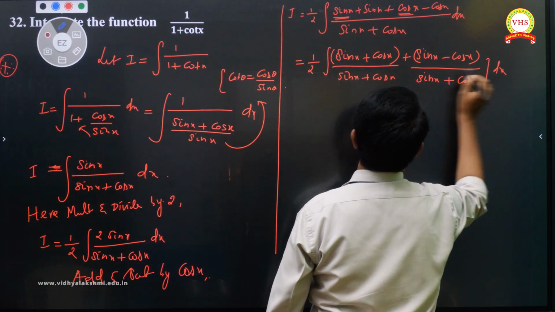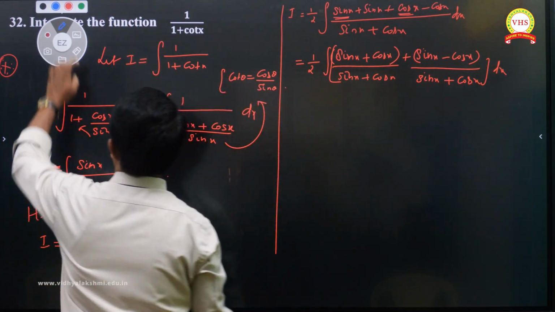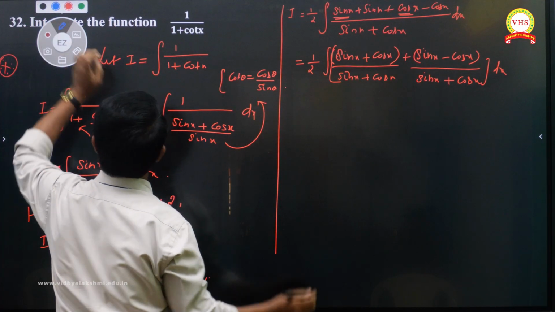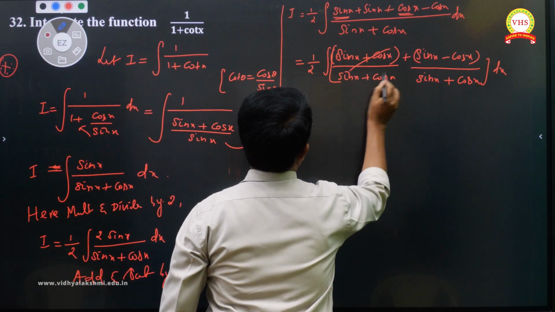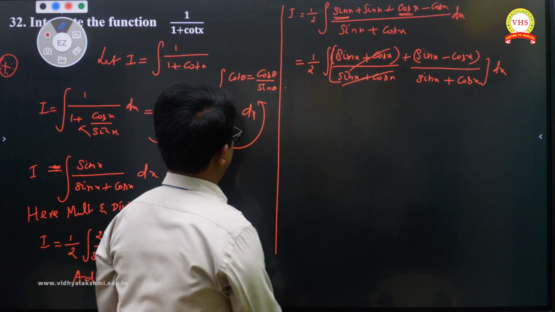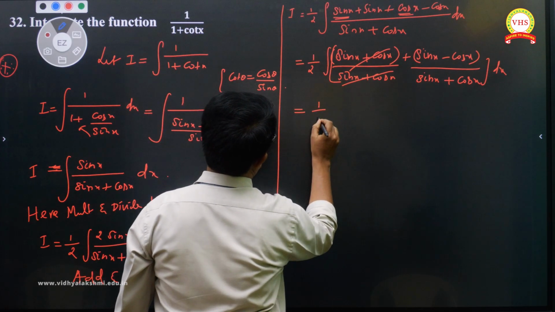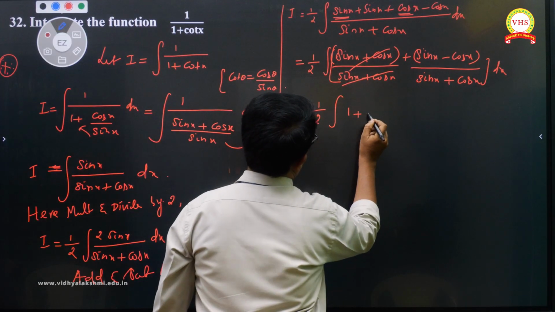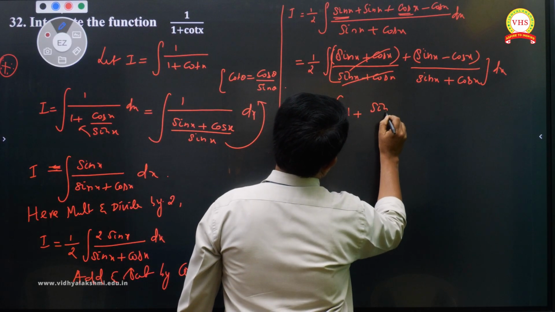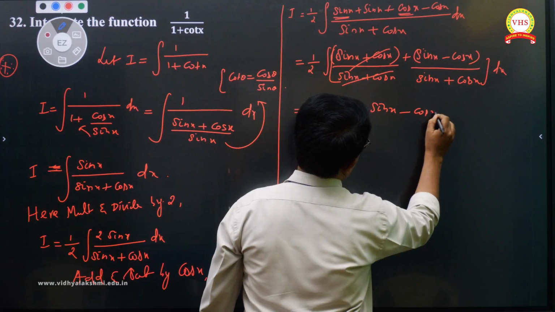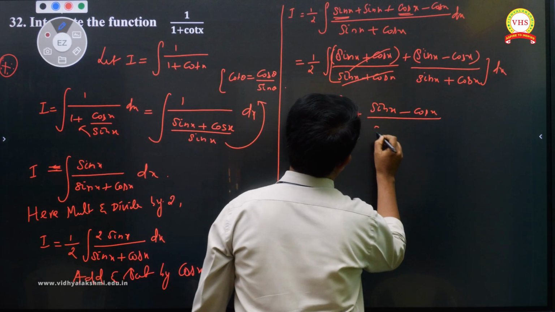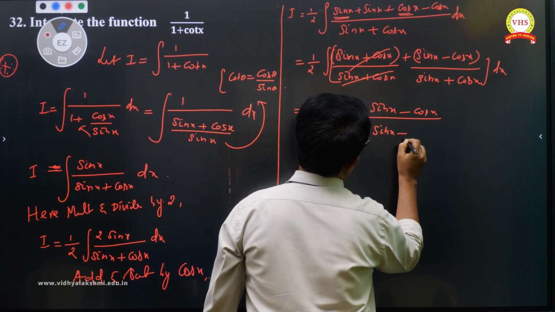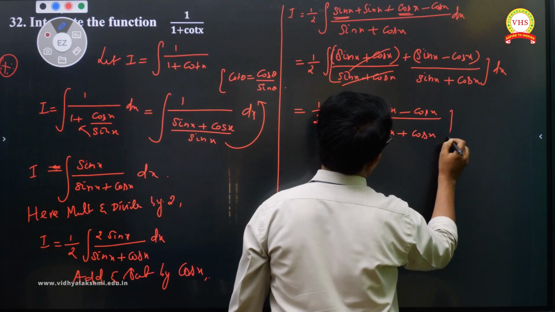Separate now. Students, any doubt? Now we cancel: sin x plus cos x cancels. That is 1 by 2 into integral of 1 plus sin x minus cos x divided by sin x plus cos x dx.